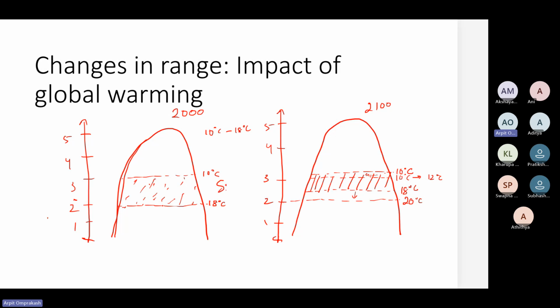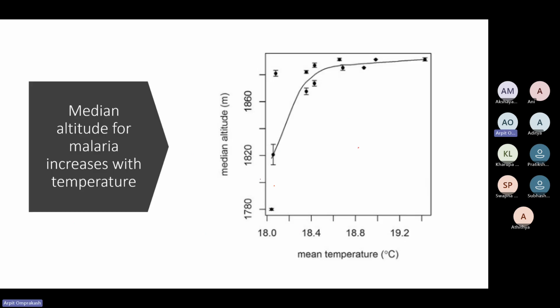So here again it was species A, and here also it is species A, but the range that was this is now something like this. So it shifted. This is the shift that we see here for malaria.